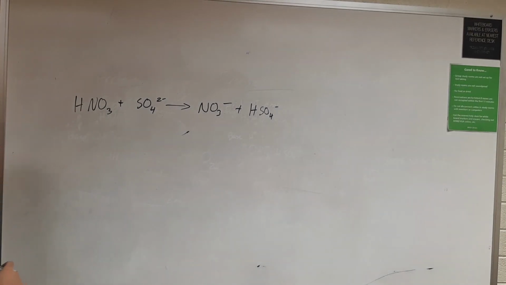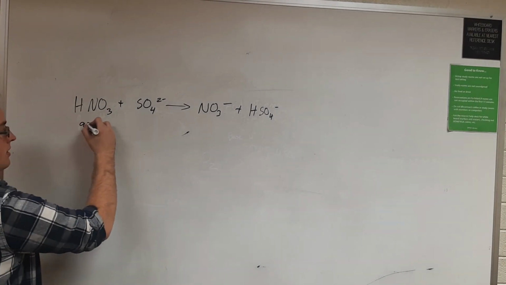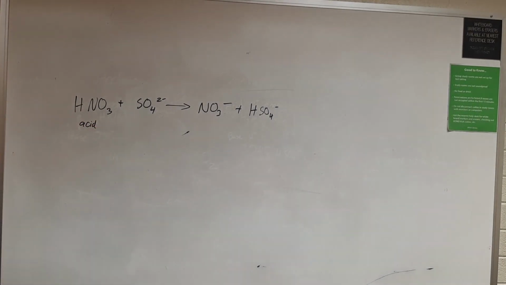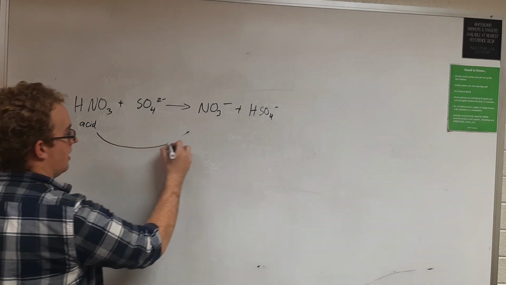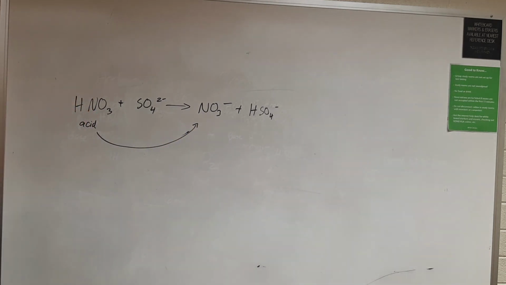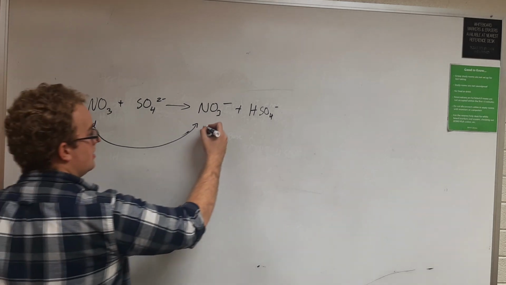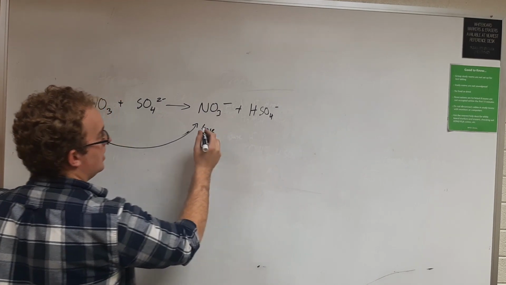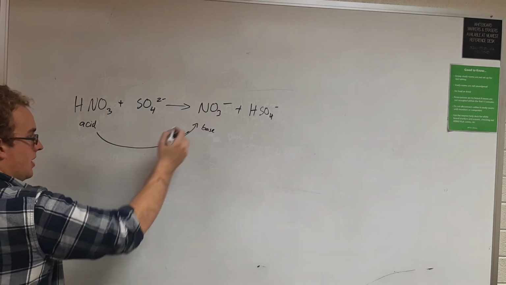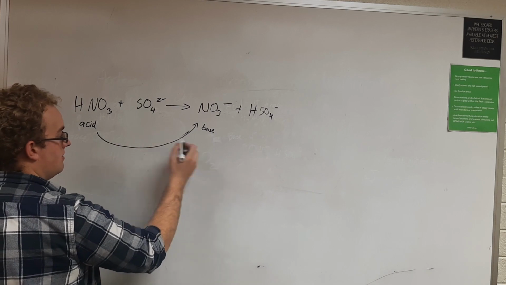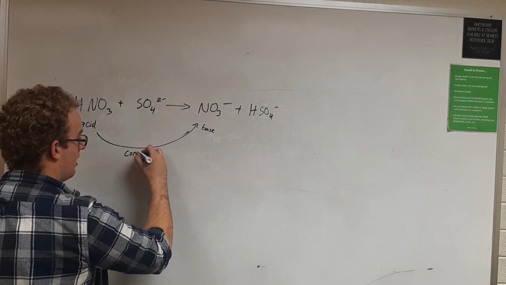So this is an acid, right? But then you think about what it becomes. It becomes nitrate over here. Now nitrate, in theory, could accept a hydrogen, a proton, right? This makes it a base. And because they're kind of related, like this became that, this is an acid-base conjugate pair.